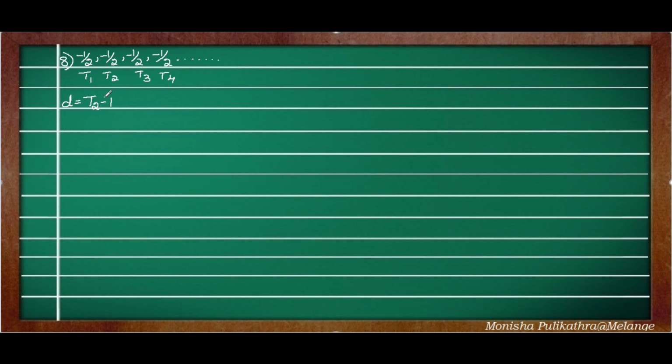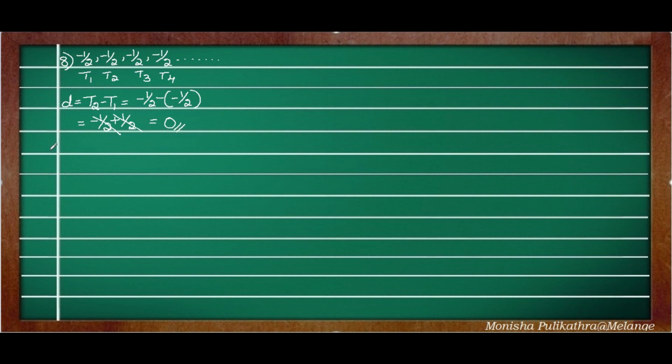That is minus 1 by 2 minus of minus 1 by 2. Since the question has minus there, we need to put a bracket. So it becomes minus 1 by 2 plus 1 by 2, minus into minus plus. Minus 1 by 2 and plus 1 by 2 cancel each other. The common difference is 0.